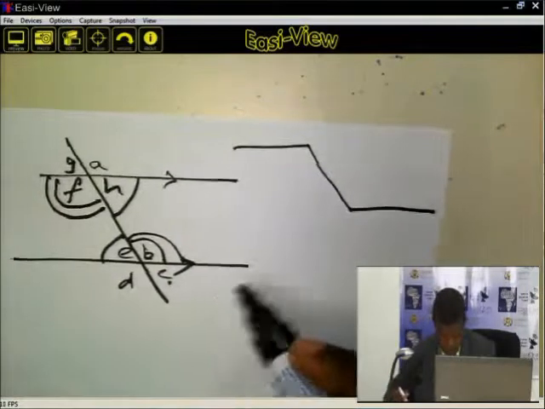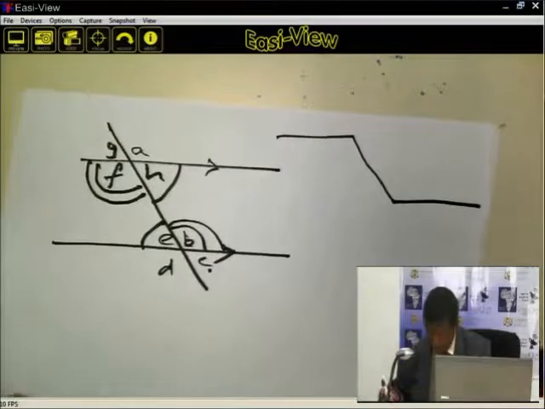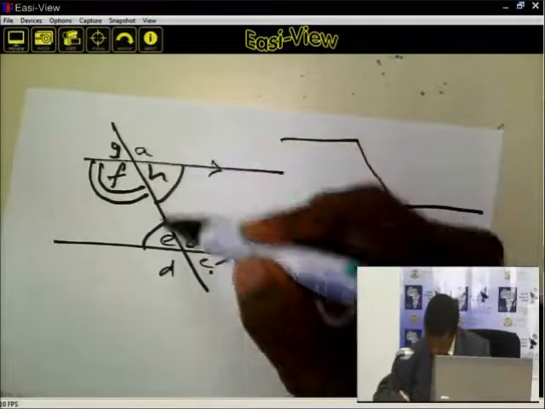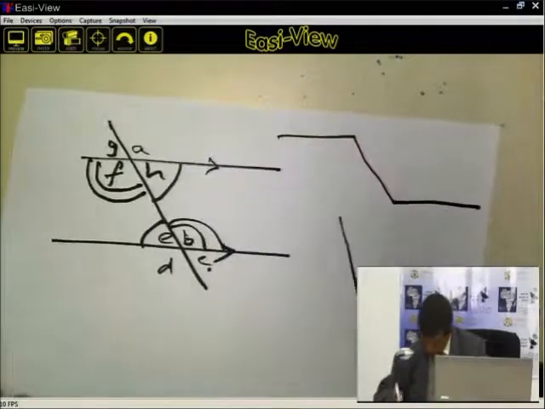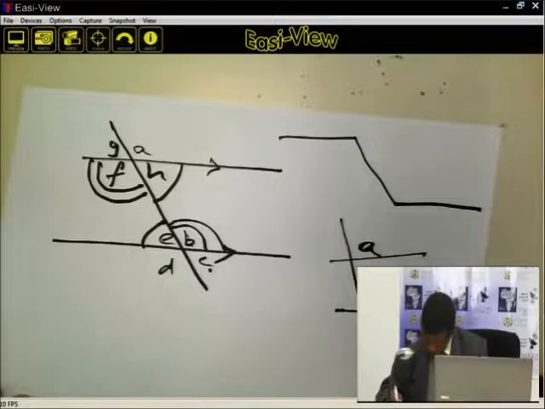Alternate angles are equal. Corresponding angles are equal. You have A and B. Now, if you take it down here, here's your A, here's your B. These are corresponding angles. What do you see here?